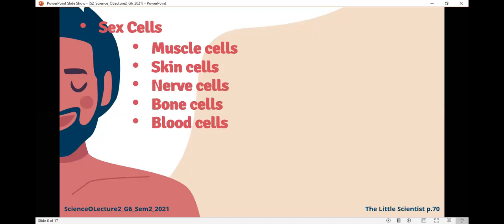To let us move. Thank you, Angelina. Muscle cells build our muscles and they allow movement. They help us move.